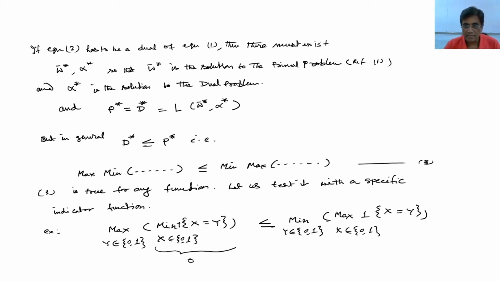And what is the minimum of max of this indicator function? x equals 0, 1, so x equals y. What is the maximum? That is 1. And you see 0 is less than 1. So the test is successful.